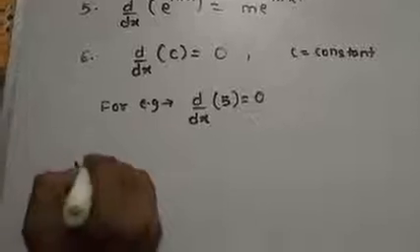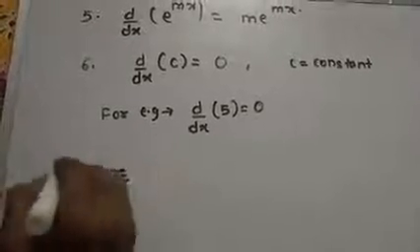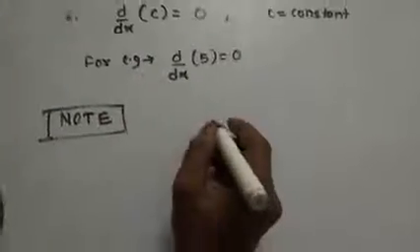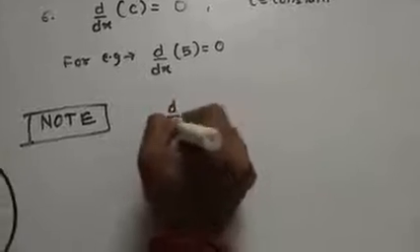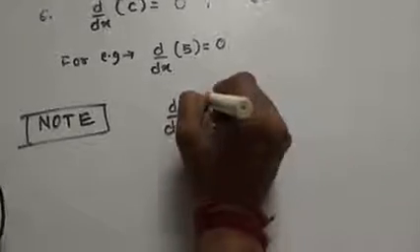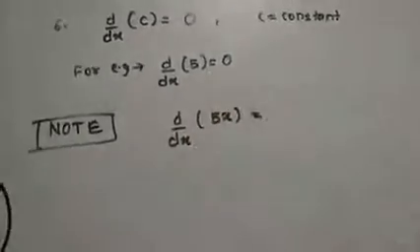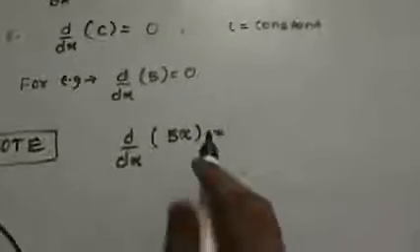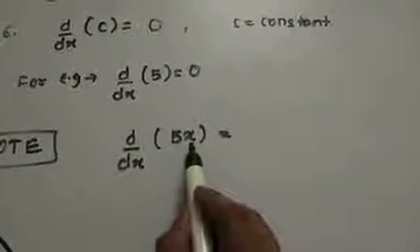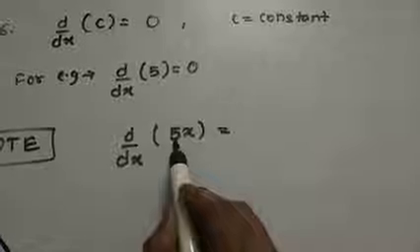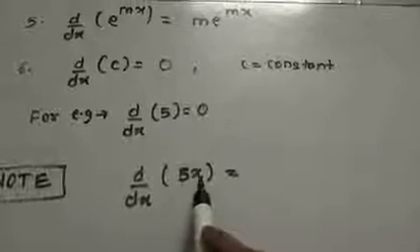So one note you can remember: there is always a confusion with these types of questions. d dx of, suppose I say 5x. Whenever you see 5x, that means a constant number, 5, is multiplied with x.